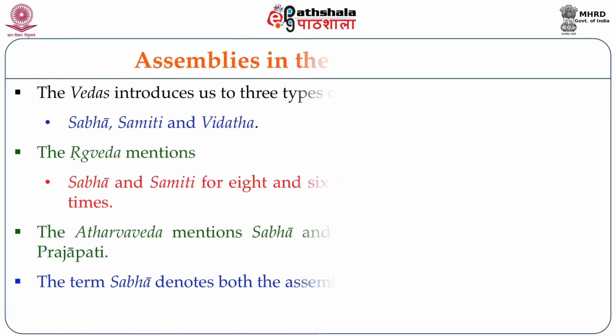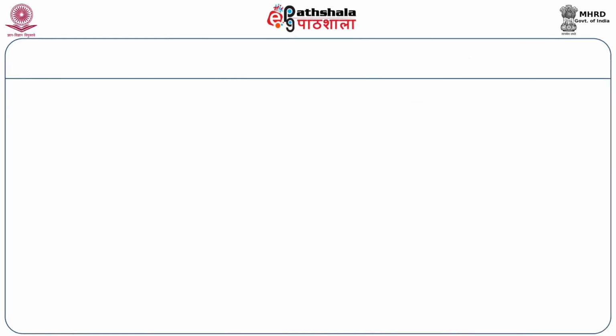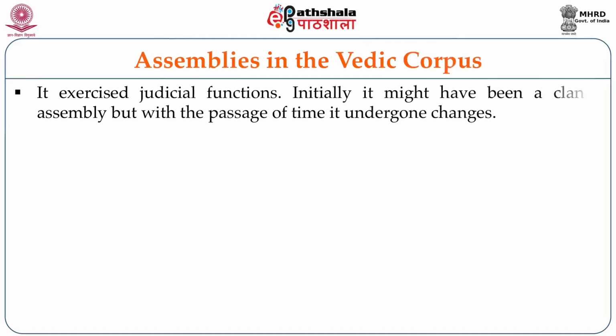One was the Sabha and the other was the Samiti, and the term Sabha denotes both the assembly and the assembly hall. It was restricted to the elect, that is, the Brahmanas and the elders. Common people were not very much a part of the Sabha. And the Sabha also exercised judicial functions. Initially, it might have been a clan assembly, but with the passage of time, it underwent changes.